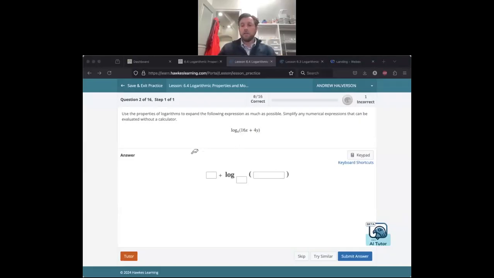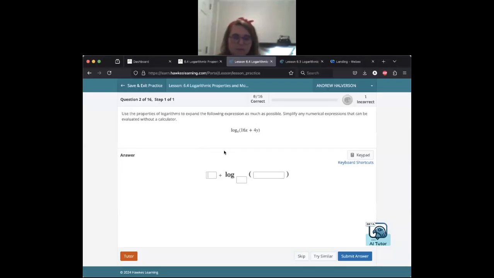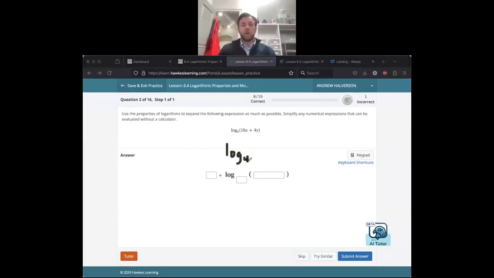What do y'all say? That's a good review question. Can we factor that inside there, 16x plus 4y? Yes, you're right. You can take a greatest common factor of 4 out. So we're going to write this as log base 4.